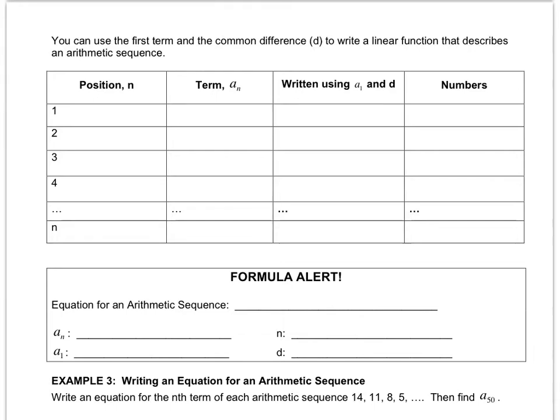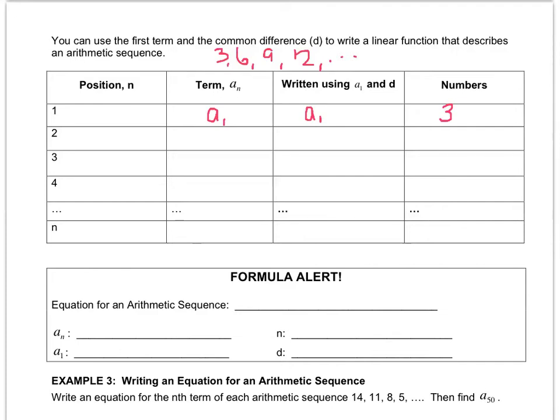So let's just make up a random sequence. Let's say it's 3, 6, 9, 12, etc. Okay. So position number 1, we said that was A sub 1. And the way that we will write it is A sub 1. And in terms of our sequence, the number that is in that spot is 3.